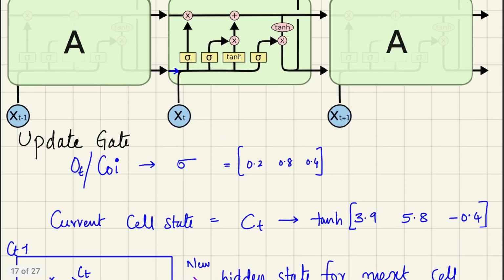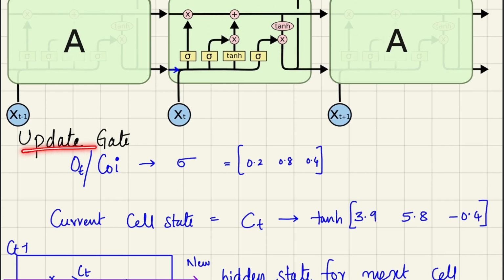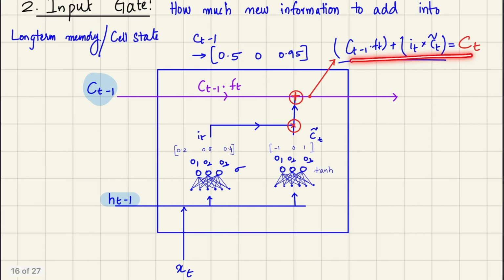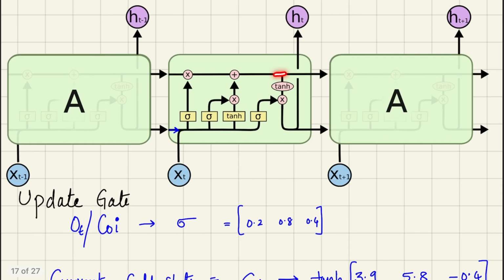After that we have the update gate. The whole point of the update gate is how much information in our cell state we should send as a hidden state to the next time step. So we have CT, right? This CT is sent into a tanh.